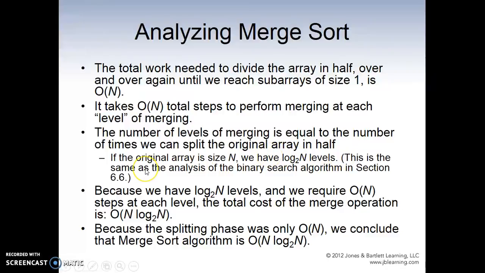This is the same as the analysis of the MergeSort algorithm in section 6.6, the BST. Because we have log n levels and we require n steps, O(n), at each level, the cost of the merge operation is going to be big O of n log n. Because the splitting phase was only n, we conclude that the MergeSort algorithm is big O of n log n.